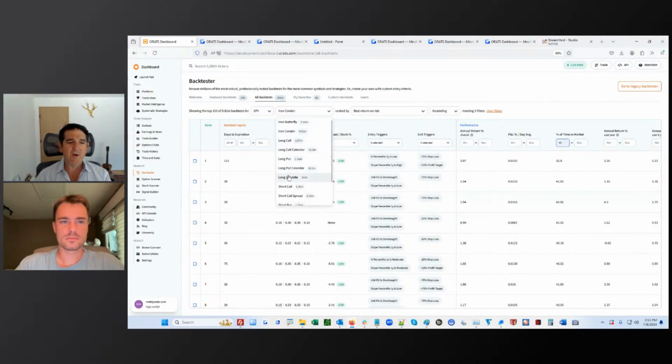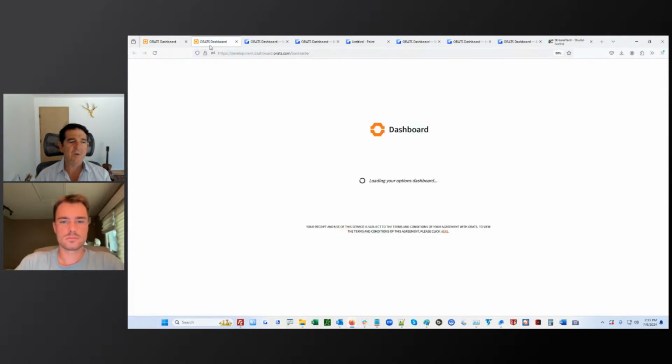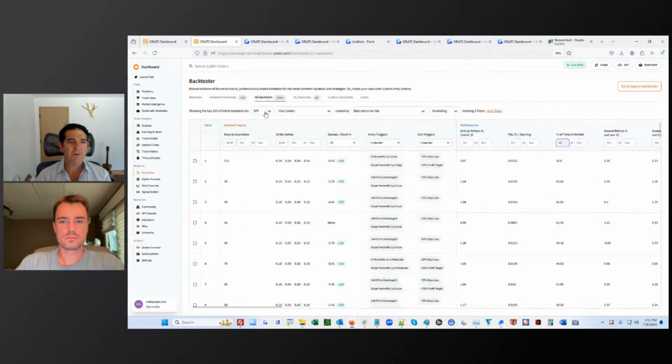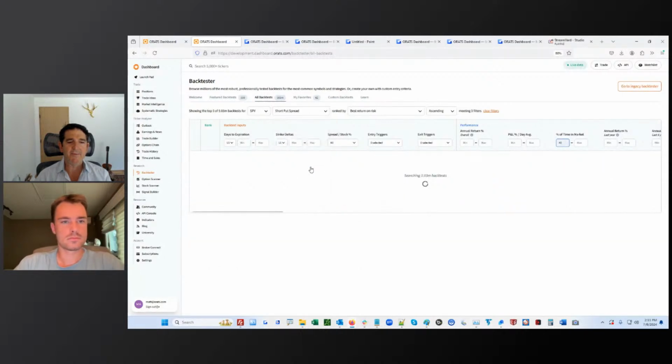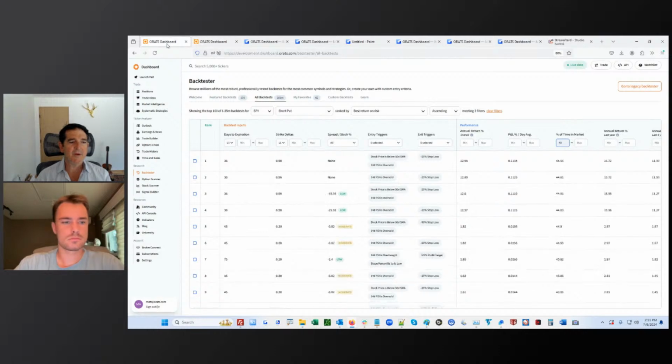So one of the things I wanted to look at was, let's compare a short put with, and then I could open in a different screen, a short put spread. So let's kind of narrow this down a bit. So 30 days.